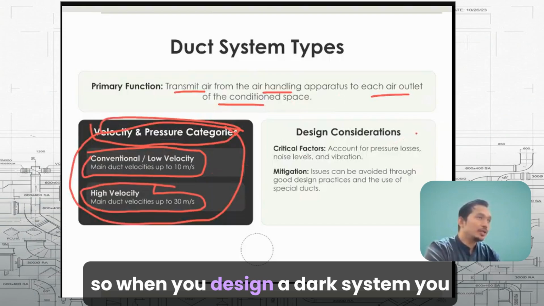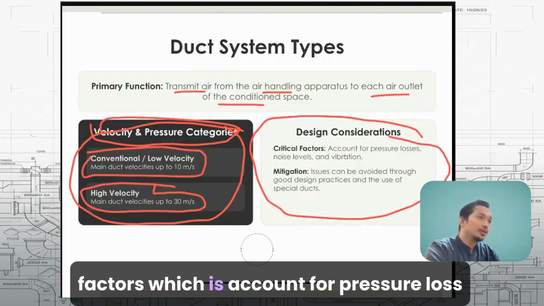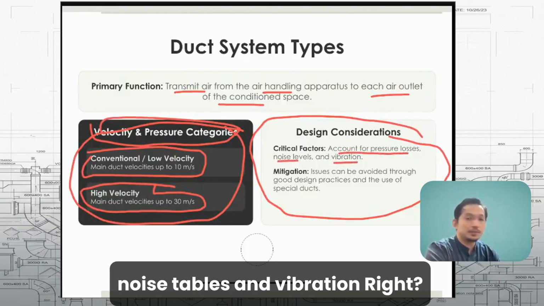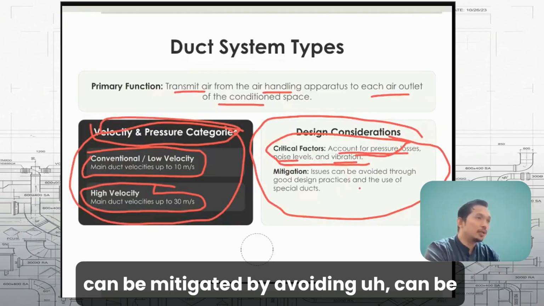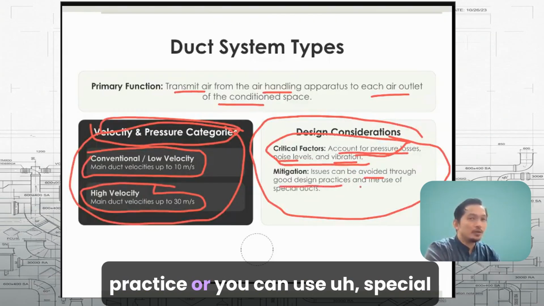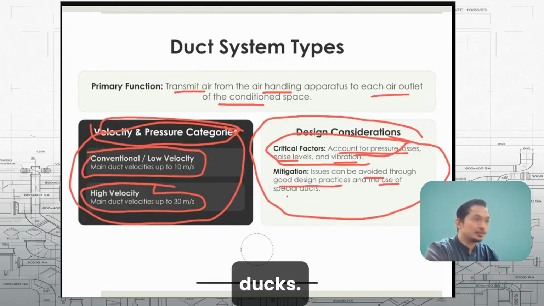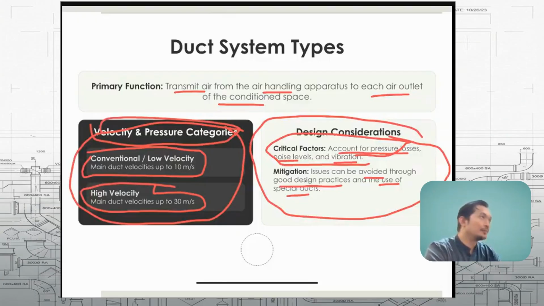So when you design a duct system, you have to consider critical factors, which is to account for pressure loss, noise levels, and vibration. These issues can be mitigated by good design practice, or you can use special ducts, probably more expensive ducts.